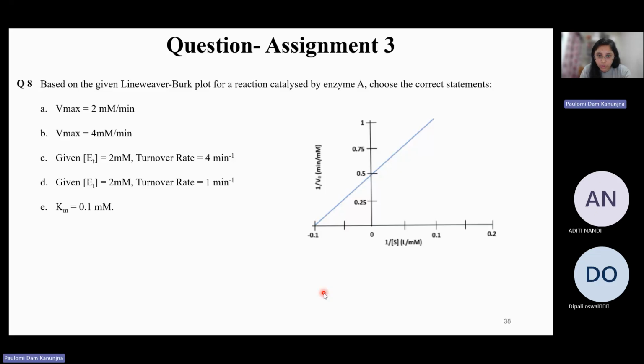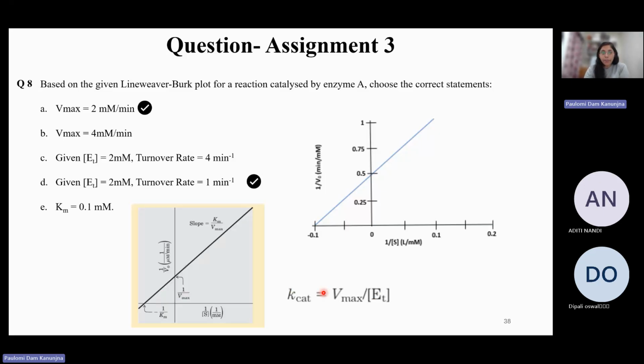A. Okay. Anything else? E. Okay. Well, D is the correct answer, not E, and we'll see why.